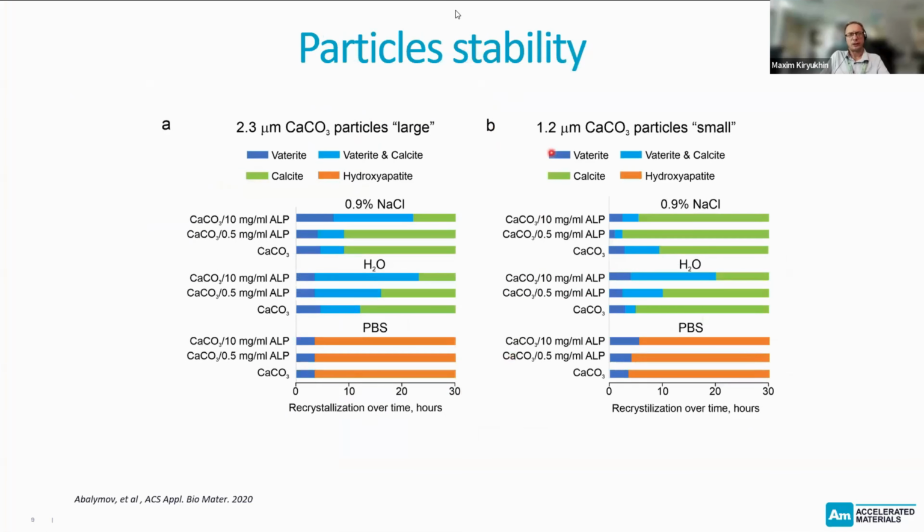As I mentioned, vaterite is not very stable, and it tends to recrystallize. And this process also depends on the composition of your solution. For example, pure calcium carbonate quite rapidly recrystallizes into calcite.